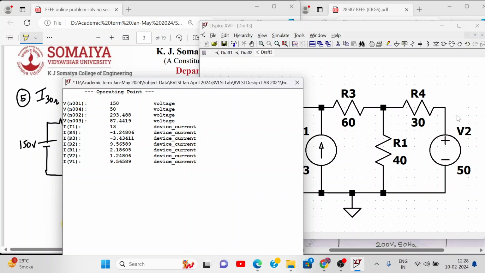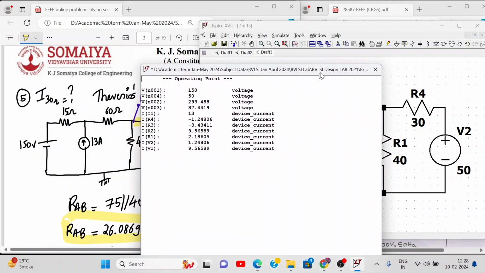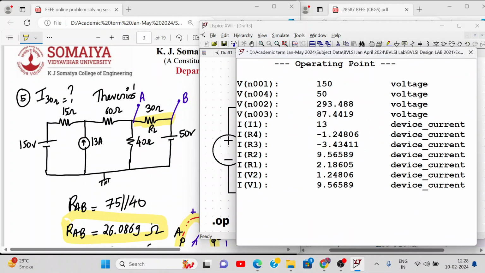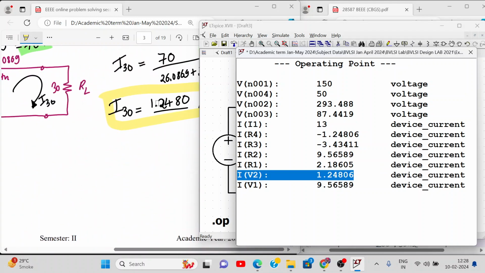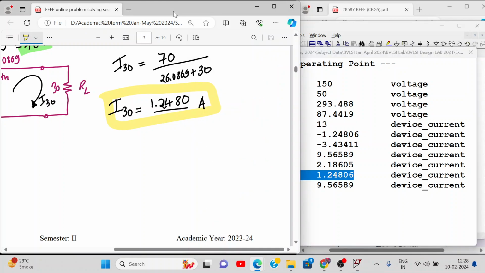If I find the current through this voltage source, that means I found the current because these two are in series. So let us search for I of V2. How much is it? 1.24806.